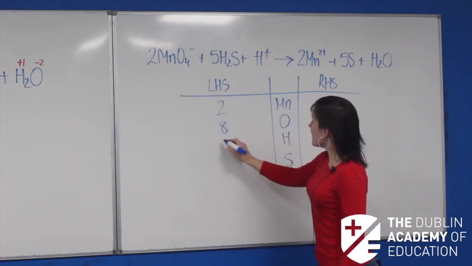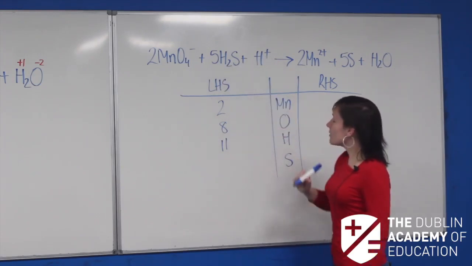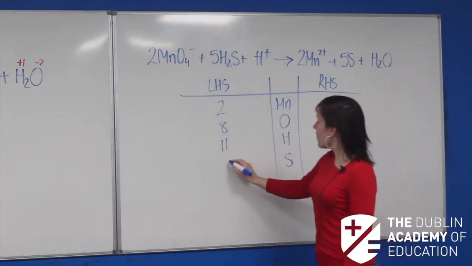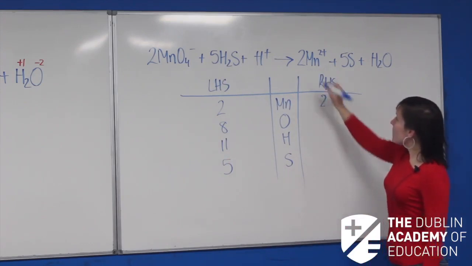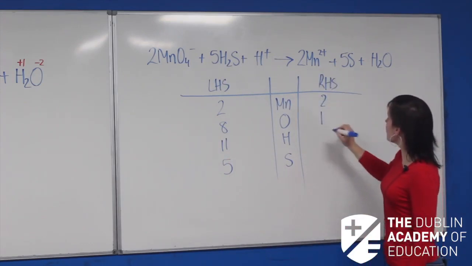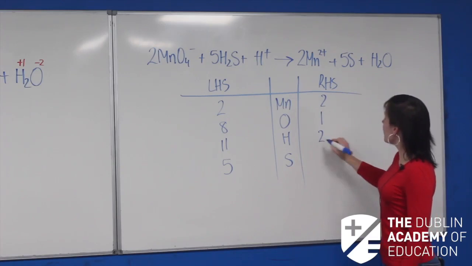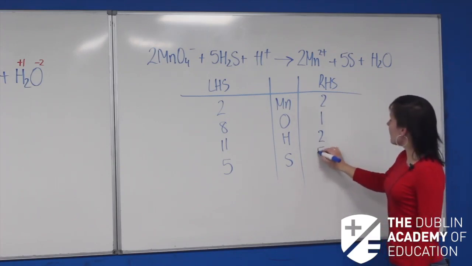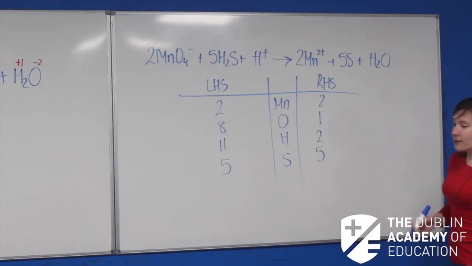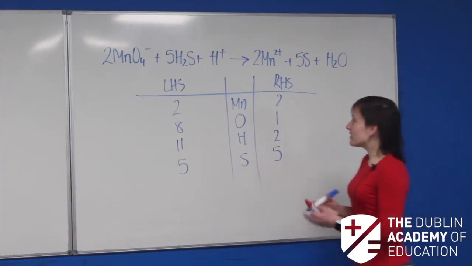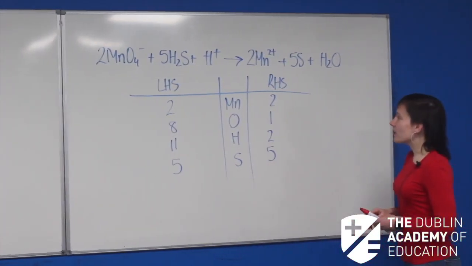We have 10 plus 1, 11 hydrogens, 5 times 2 plus 1, and then we have 5 sulfurs, okay? On the right-hand side, 2 manganese, 1 oxygen, we have 2 hydrogens, and we have 5 sulfurs, okay? So we need to get these to balance. We need to get these to balance out. We need to have the same number of atoms on either side, okay?